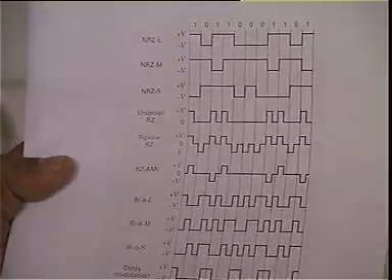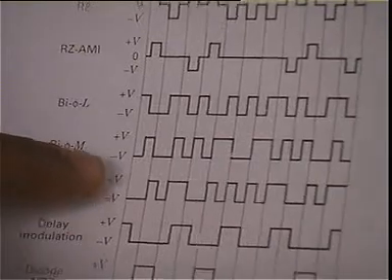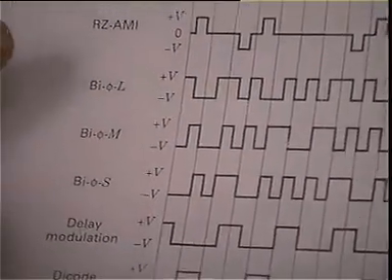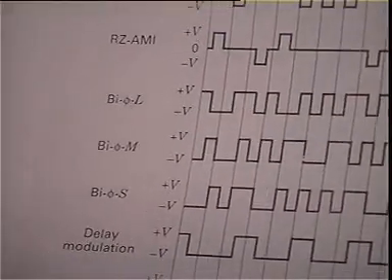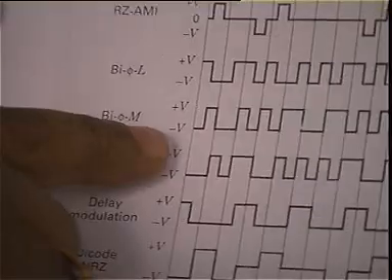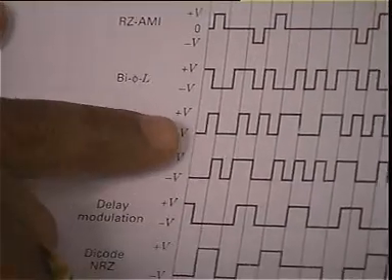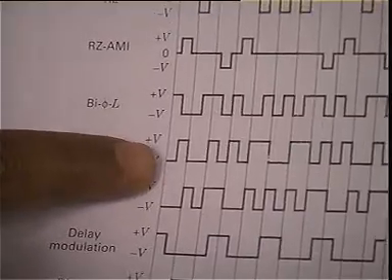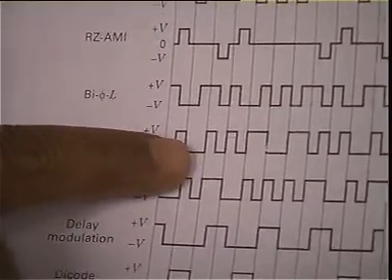For a biphase M, I occupy either the first half of the bit period or the second half of the bit period depending upon how many 1s I encounter. So when I encounter a 1, I will switch. Let's say this is the first bit, I am occupying the second half of the bit period. A 0 is signaled as 0.